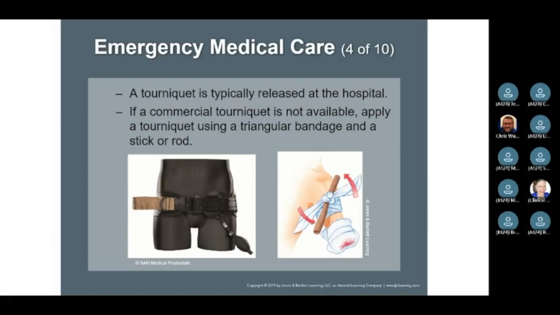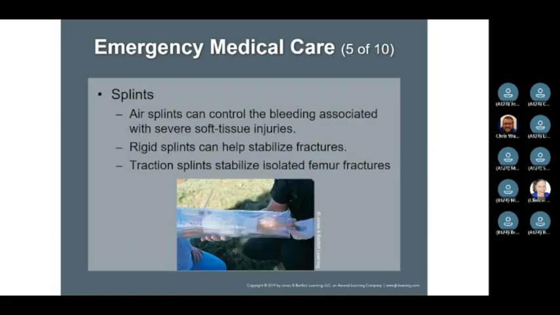Never cover a tourniquet with a bandage. Inform the hospital both in your radio report and your verbal report on arrival at the ED that the tourniquet has been applied, and do not loosen that tourniquet after you have applied it. Splints. Air splints can control the bleeding associated with severe soft tissue injuries.